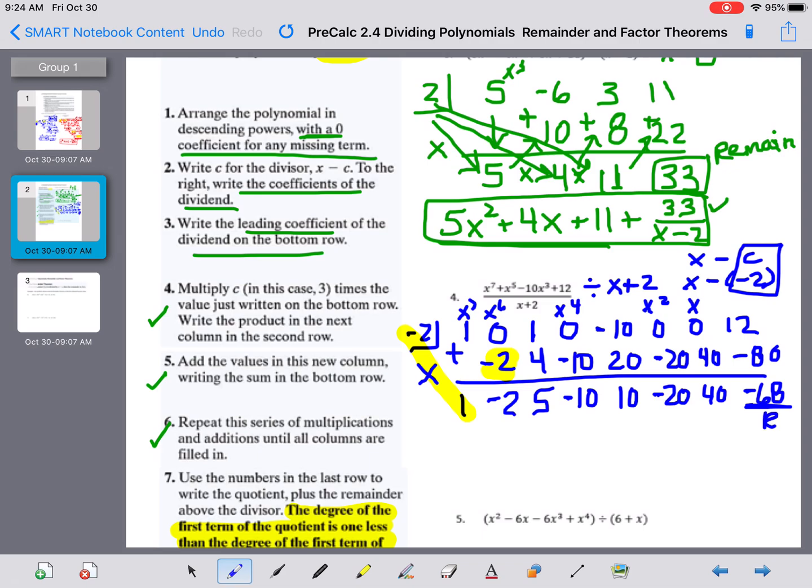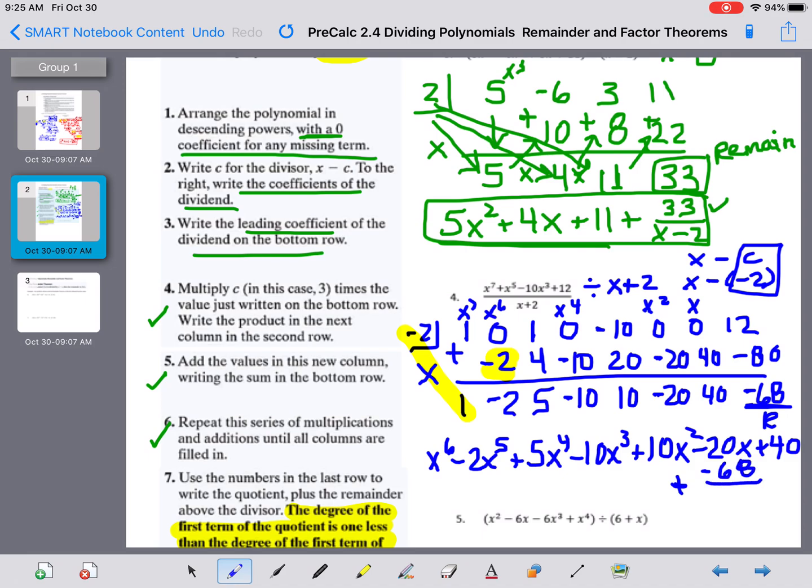Okay, so as I rewrite this, remember I started with the 7th power. My answer always starts 1 power lower. So I'm going to get an x to the 6th minus 2x to the 5th plus 5x to the 4th minus 10x to the 3rd plus 10x squared minus 20x plus 40, that's my constant, and I ran out of space, but I should have there at the end, plus negative 68 divided by x plus 2, okay?